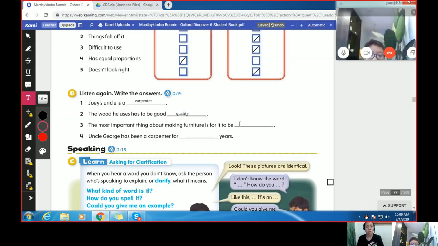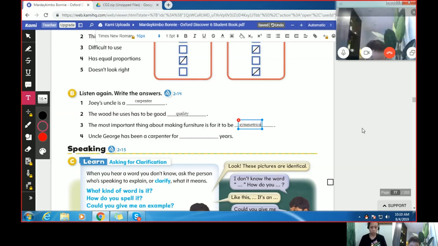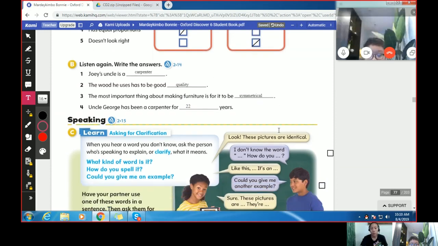Next: the most important thing about making furniture is for it to be symmetrical. Yes, symmetrical. Very good. Number 4: Uncle George has been a carpenter for 22 years. It's been a long time. All right, so good. These are all correct answers.